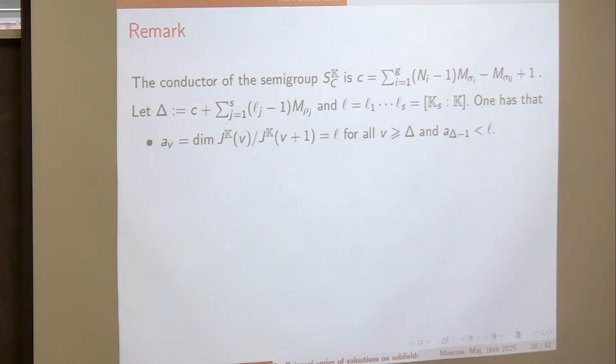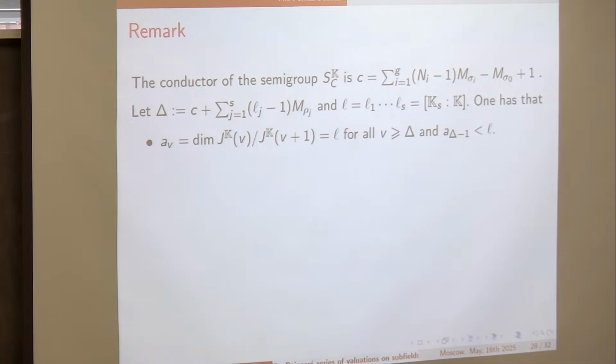Just one small remark, and I finish. The remark is just to say that this is the semigroup of a complex curve, as I told you. So it is known that the conductor of the semigroup, that means the first element such that everything after C is inside the semigroup, is computable and is given by this formula, which is a very classical formula for the curves, the computation of the conductor.